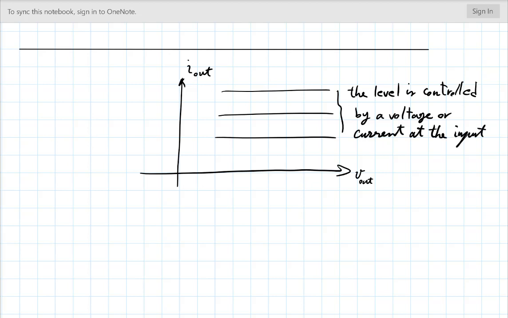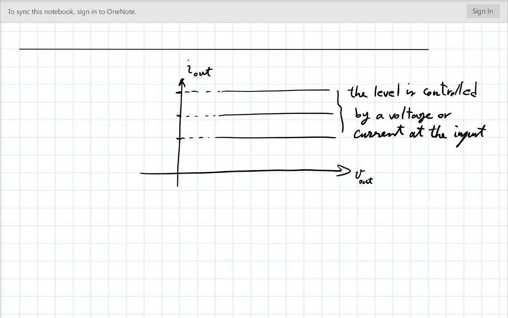So for instance, in the case of that BJT, it would be the base emitter voltage, or you could think of it as the base current that determines which one of these lines you are on, which one of the values of current on this axis you get on the output side. Not the voltage of the output side itself.